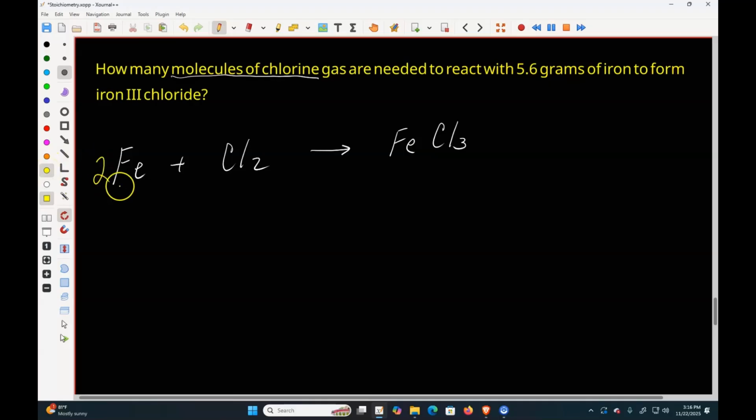So I'm going to need a 2 here, a 3 with the chlorine, and 2 here. I have 5.6 grams of iron, and I'm looking for how many molecules of chlorine. Okay, so I need molecules here.